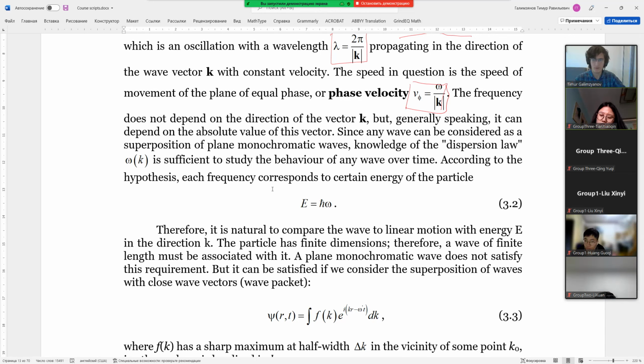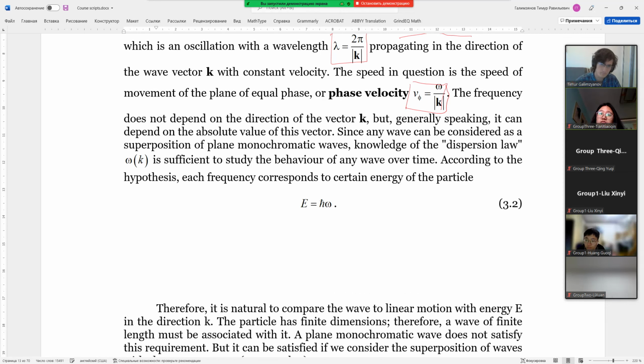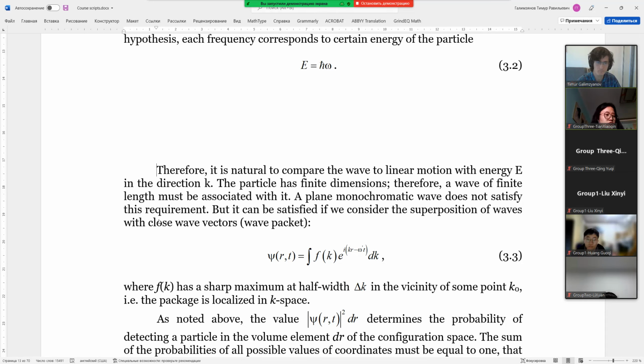Let's move to the actual particles, which should be described by some kind of shape. How can we do that? The easiest way is to decompose this dependence on the plane waves. Here's the decomposition.